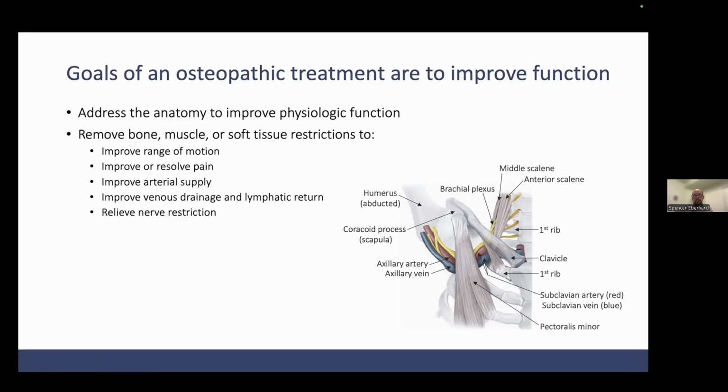Osteopathic manipulative treatment can help release some of that tightness, and all of a sudden you get relief off the nerve, relief off the vessels, and improvement in all those symptoms.